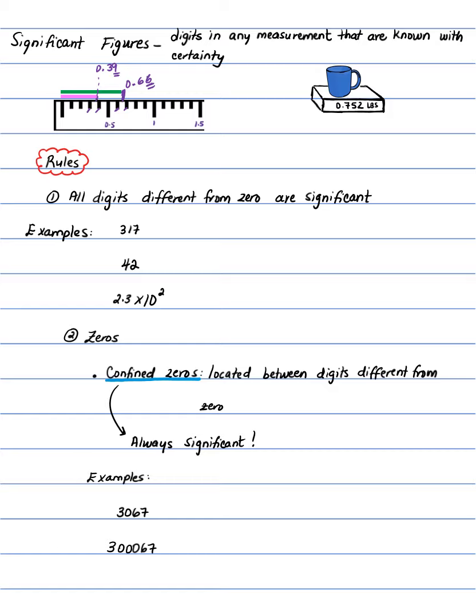The sketch on the right side, where I have a mug, is representing a mass balance. It's a digital mass balance. So when you're using a digital instrument, all of the digits right there are actually significant. Your measurement has all of those digits as significant.